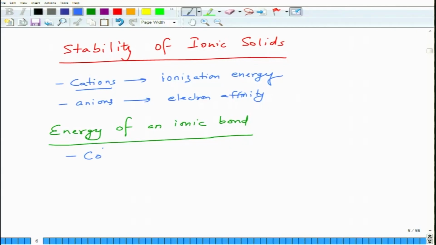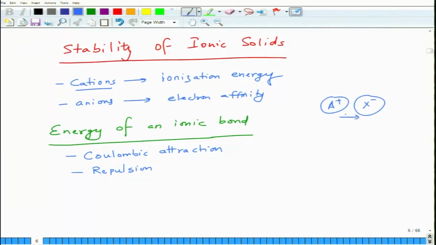when you put these atoms together, you have Coulombic attraction and you have repulsion. Repulsion is often called Pauli repulsion. So when you put A and X, this is A plus, X minus, there is a tendency to attract.